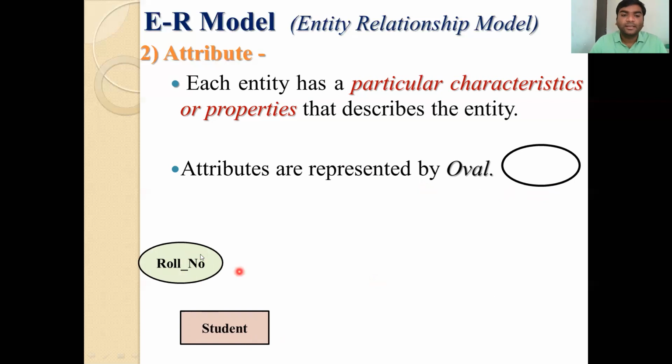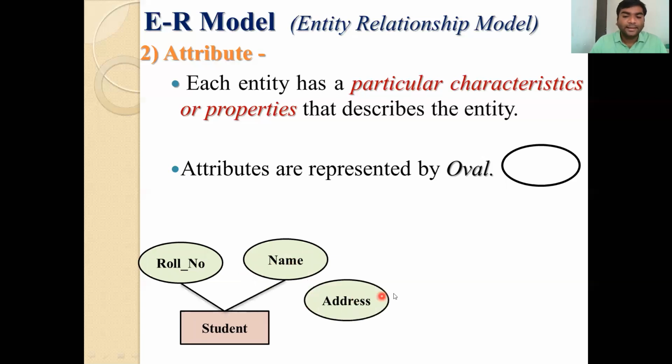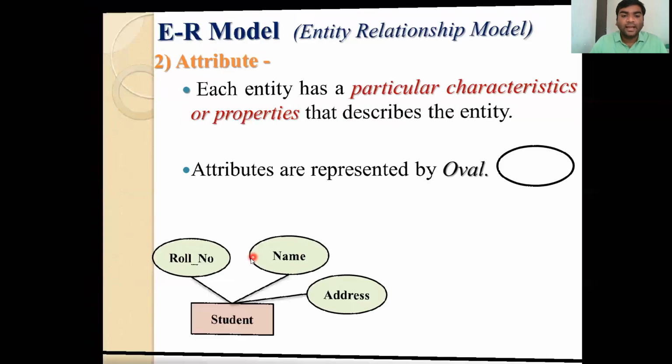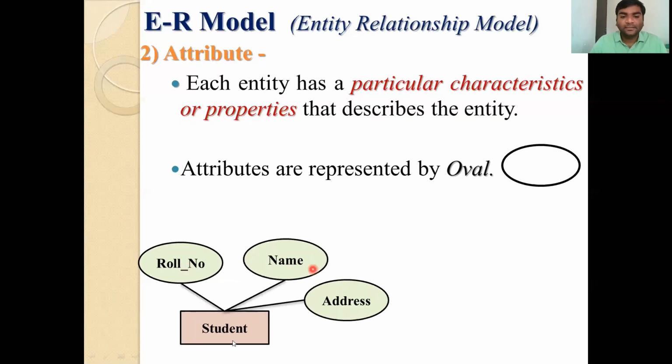So roll number is an attribute. Name is another attribute of student. Address. These are the attributes which describe this student entity: roll number, name, address.